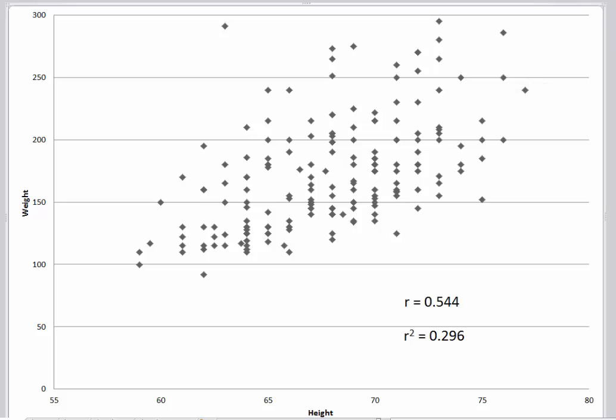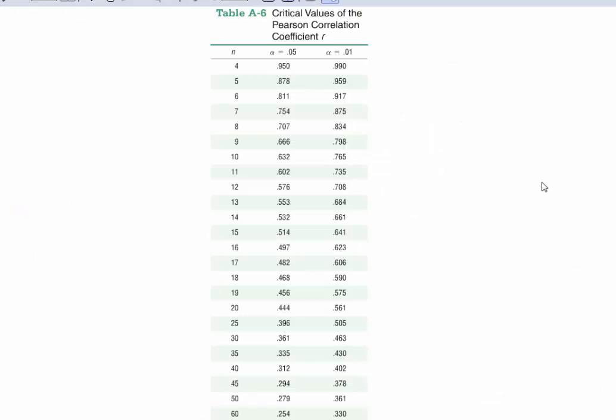Now is this a strong correlation? Not so strong? Well, we could use table A6, critical values of the Pearson correlation coefficient.